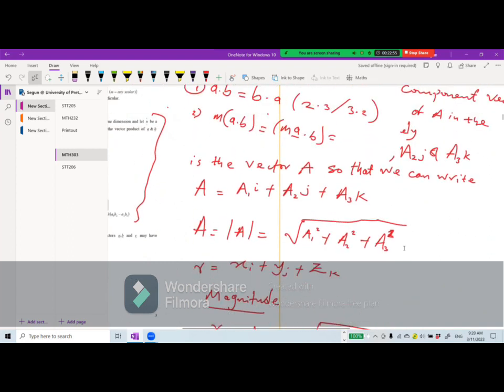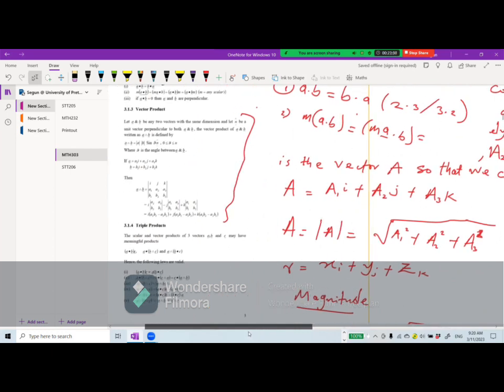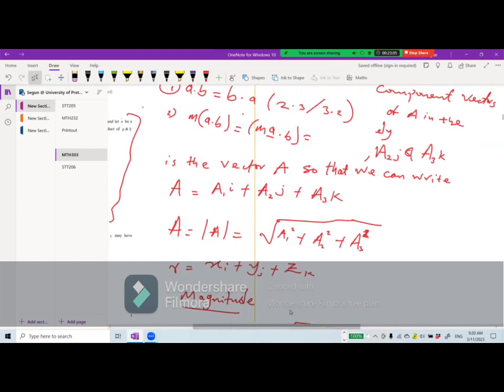Now, at this point we're trying to write another definition, which is also one of the key definitions that we need to know. When you have A equals A1 I plus A2 J plus A3 K, the absolute value, or the magnitude, is very simple.